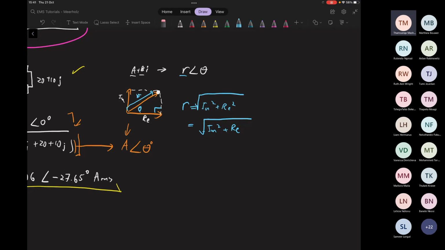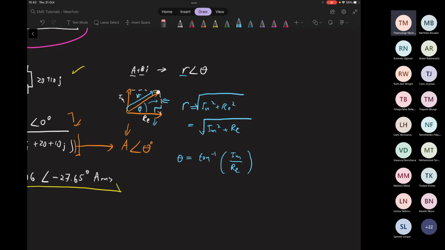And then that will give you the distance of your triangle, because now we're dealing with distance and angle. If we wanted to find our angle, we could say tan to the -1 of the opposite, which will be imaginary, because the opposite is this side from the angle, and then the adjacent, which is real.